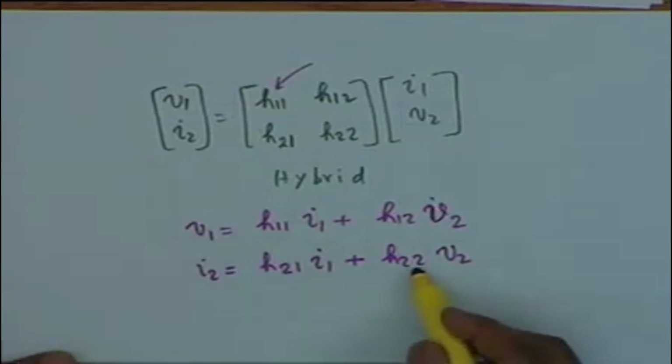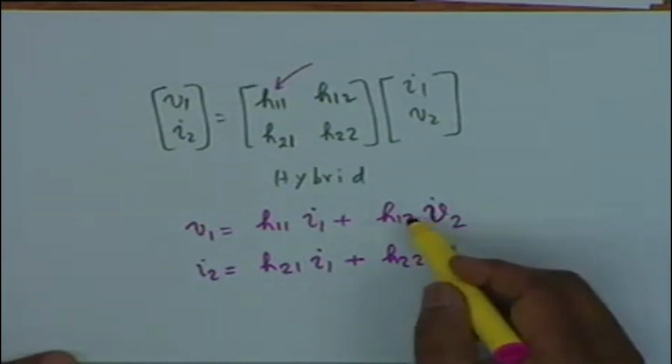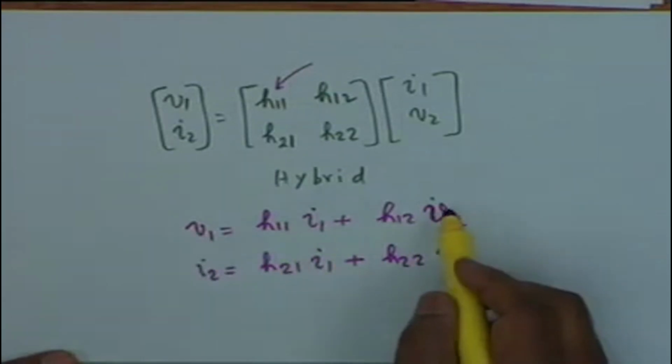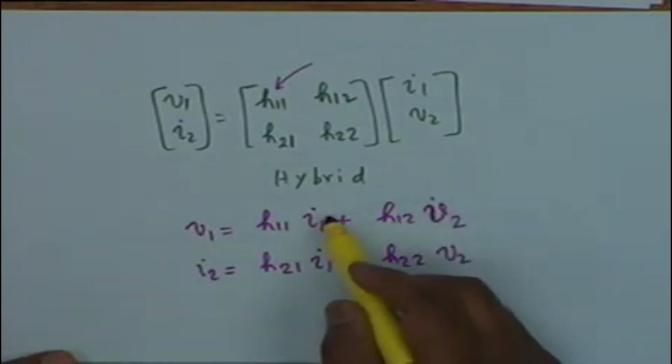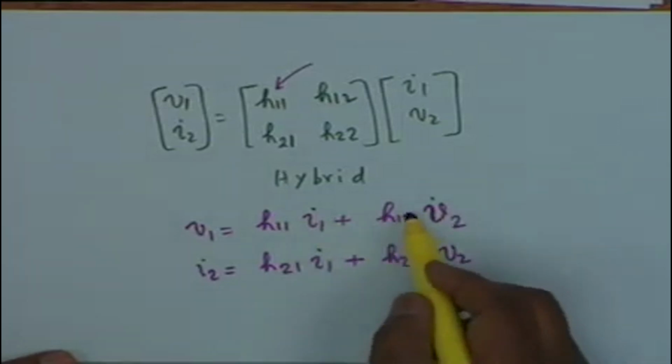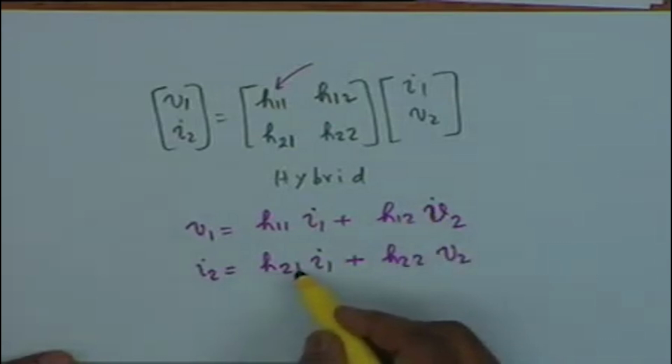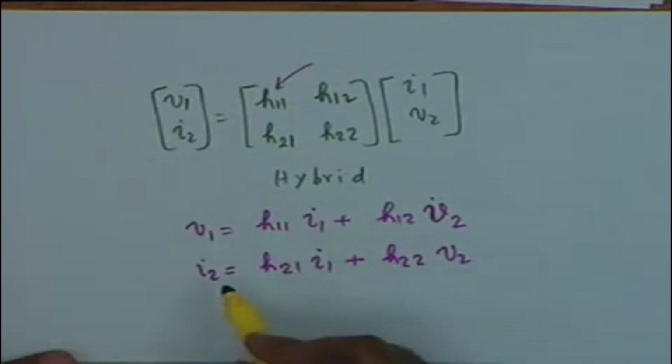Similarly, you can see that H22 is an admittance, whereas H12 is V1 by V2 with I1 equal to 0, and therefore H12 is dimensionless, it is a voltage ratio, and H21 is a current ratio and it is dimensionless, and therefore these are called hybrid parameters.